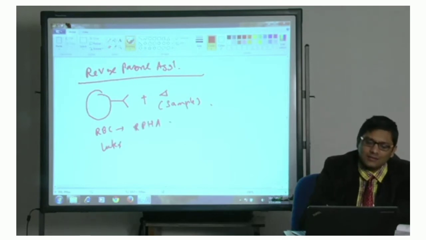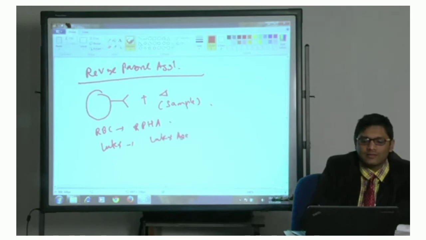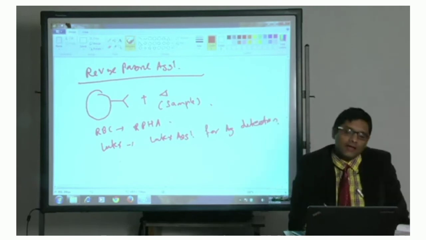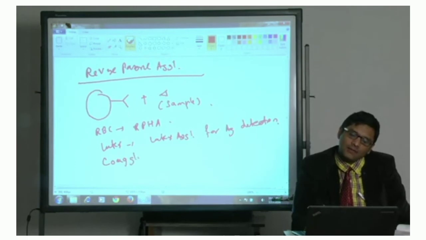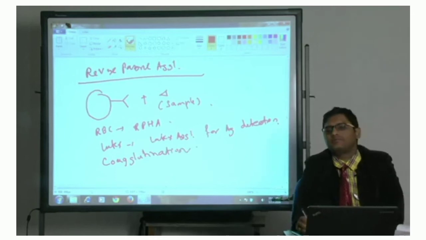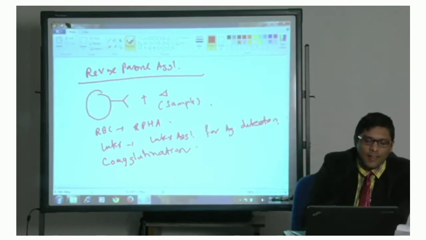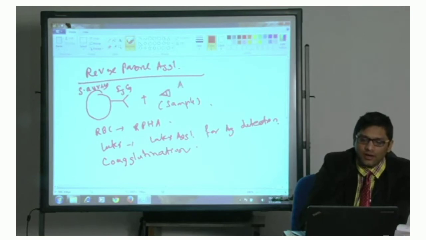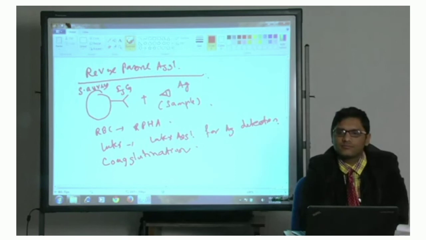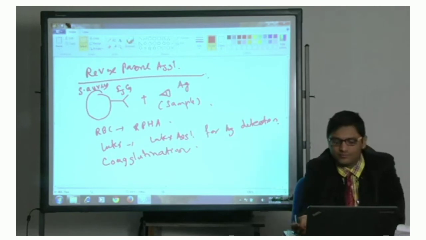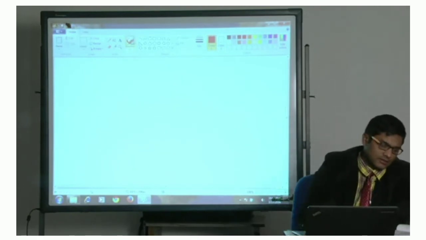If you are using latex, it is again latex agglutination test for antigen detection. Even co-agglutination test is an example of reverse passive agglutination test. In co-agglutination test, the carrier is Staph aureus, on which IgG is coated, which is used to detect the antigens in the specimen. Fine. So this is about agglutination test.